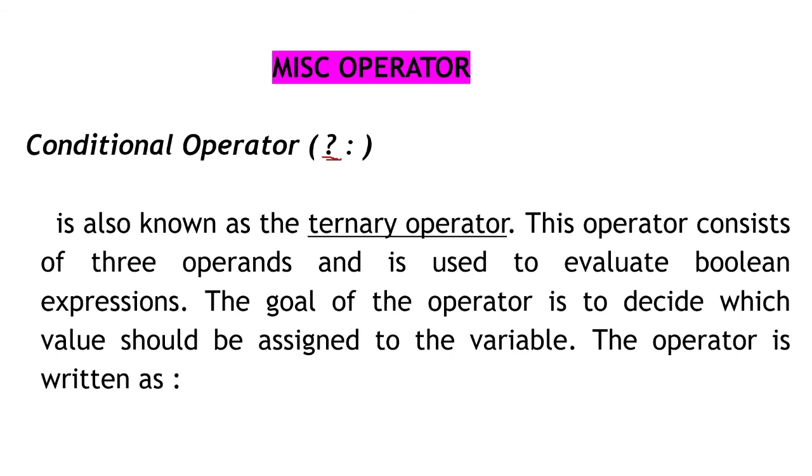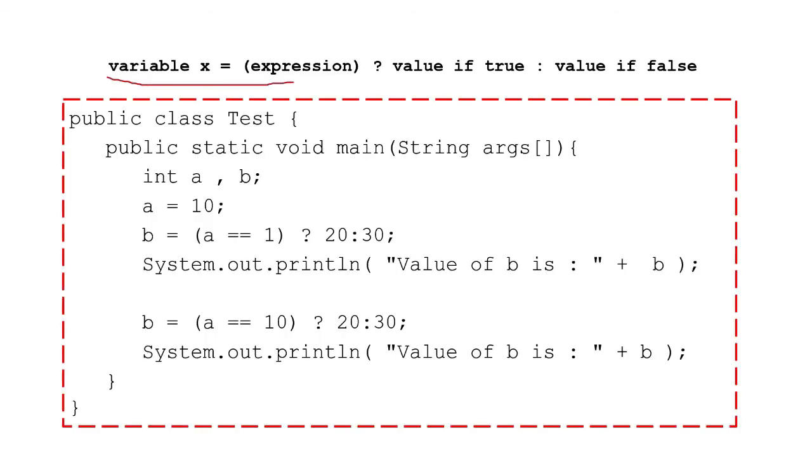The operator is written as, so meron tayong syntax. So this is the syntax of misc operator or yung ating conditional operator. So we have our variable is equal to the Boolean expression na ang tanging sagot lang ay either true or false. So meaning either logical operator or relational operator ang nasa loob ng parenthesis na to.